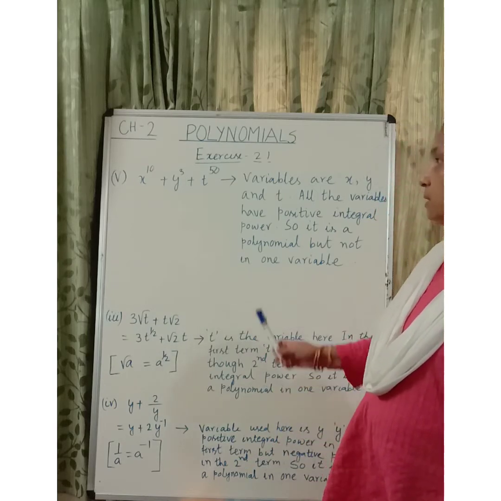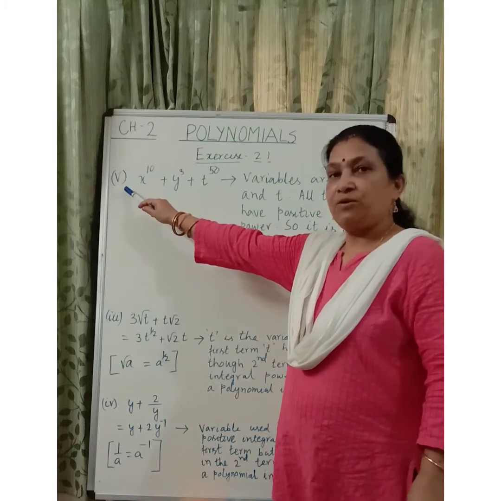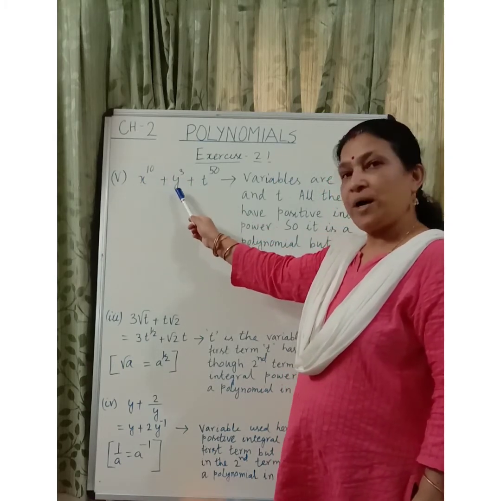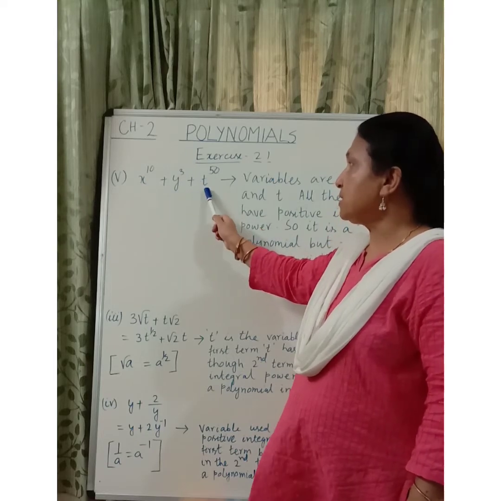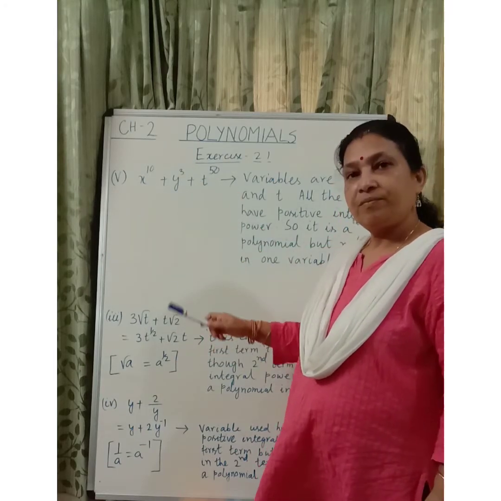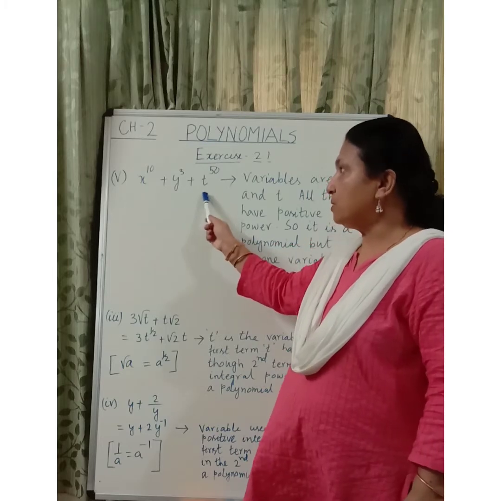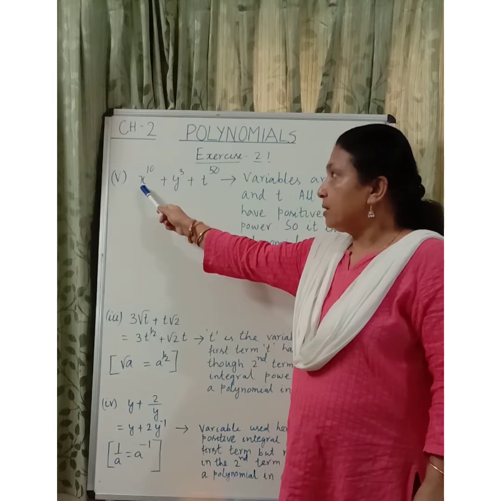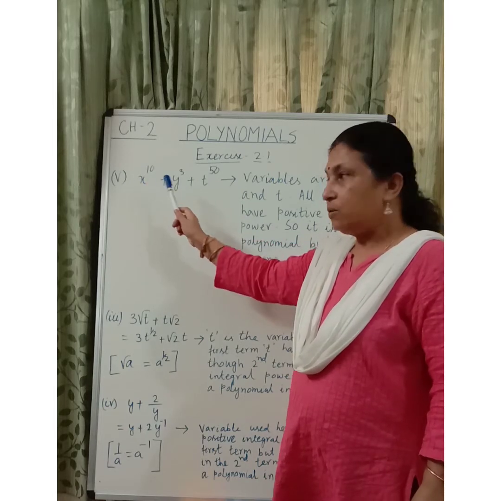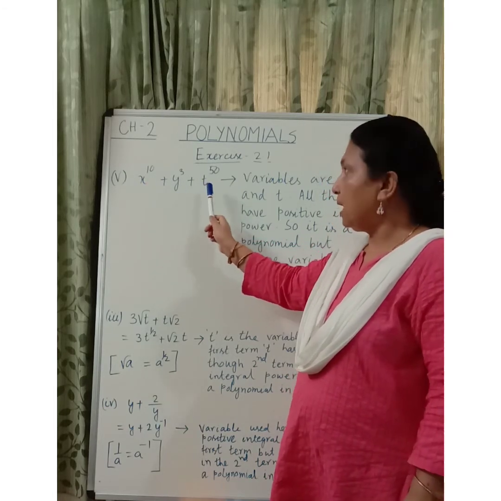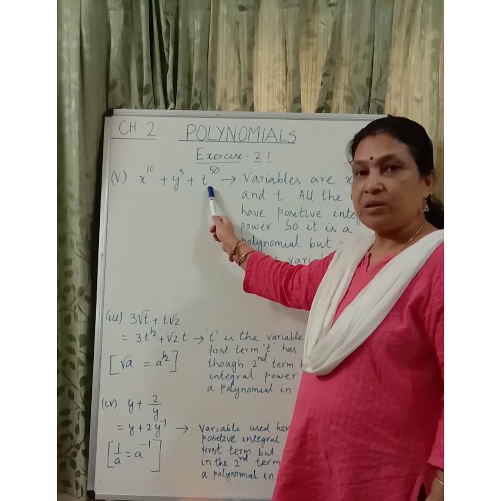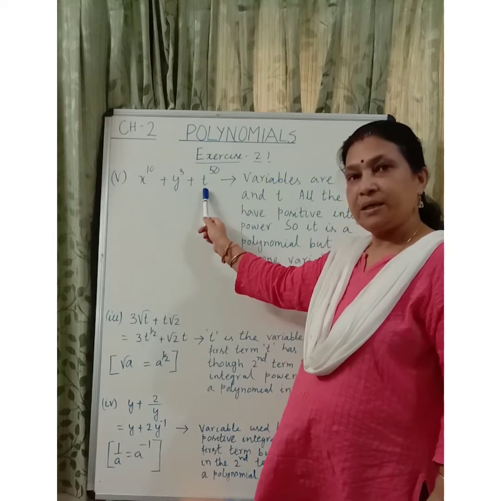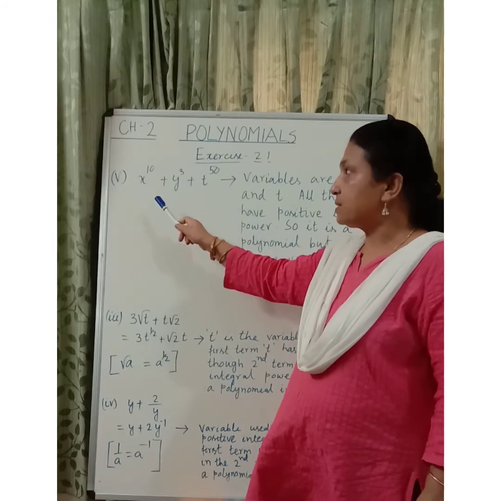So it is not a polynomial in one variable. Now the next question, question 5. X to the power 10 plus y to the power 3 plus t to the power 50. In this expression, how many variables are used? You can see x is one variable, y is the other variable, and t is the third variable. Three variables are used here, x, y and t. And what about the powers?